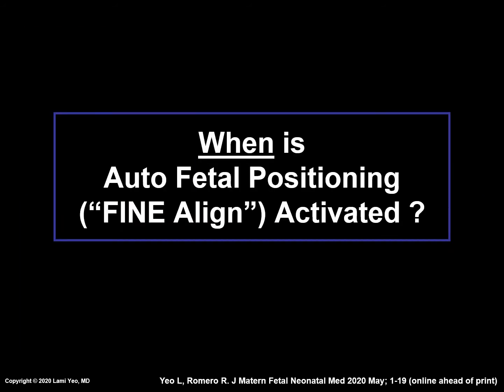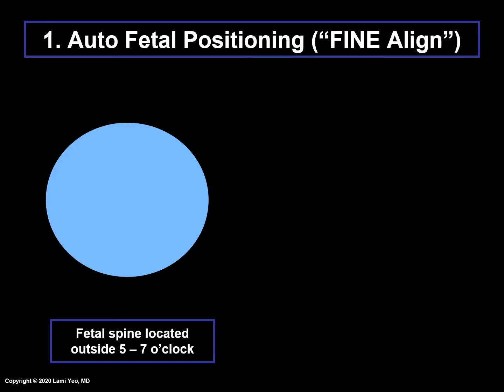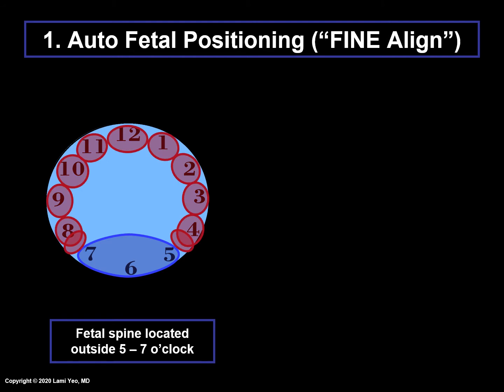When is autofetal positioning activated? Autofetal positioning is activated in two situations. First, when the fetal spine is located outside the 5 to 7 o'clock range, leading to a spine location alert.